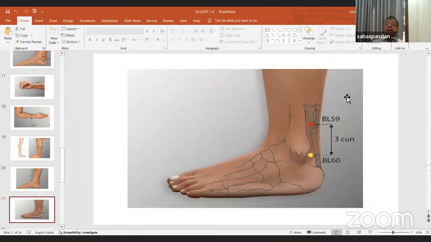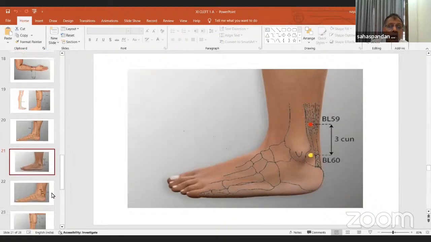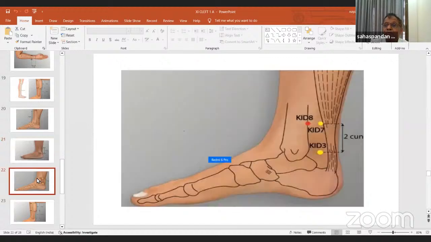And kidney 8. Kidney 8 is the Xi-Cleft point of the Yin motility vessels. So see this kidney 8, near the bone, very close to the bone.